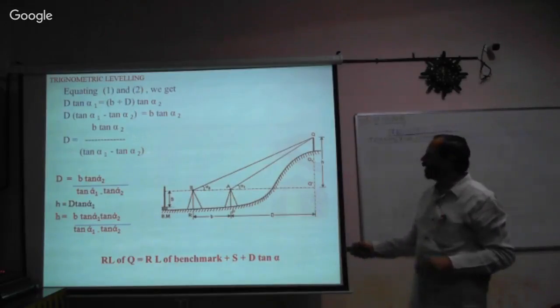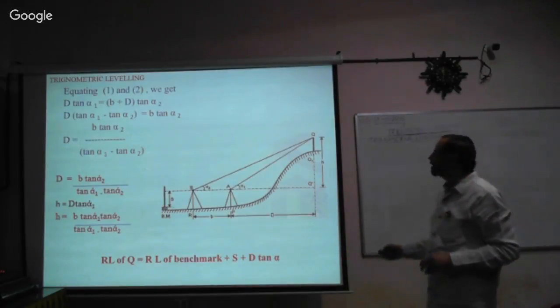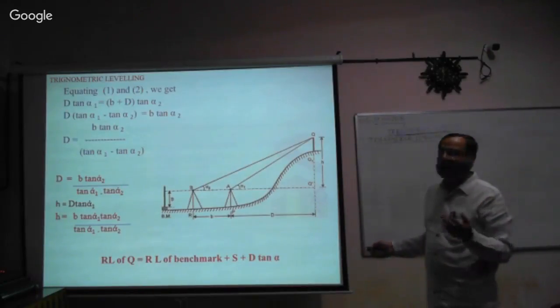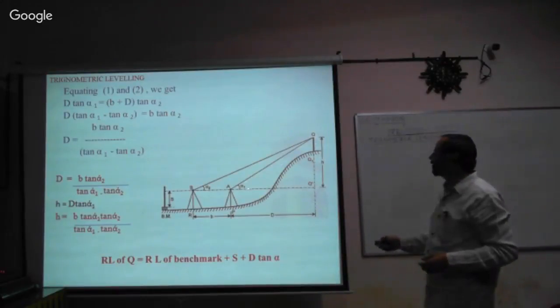Once we have calculated D, the other things can be solved, H can be solved, isn't it? Now apply this triangle, H is equal to D tan alpha.